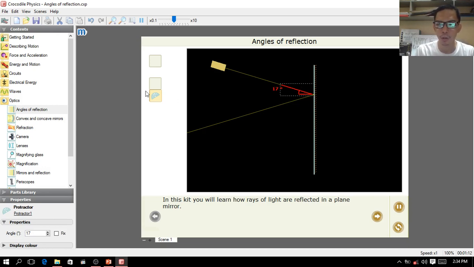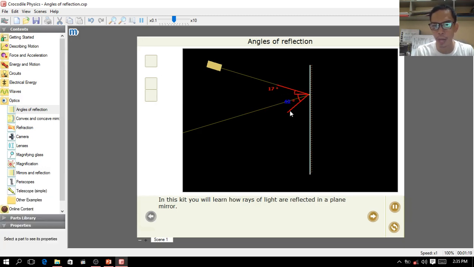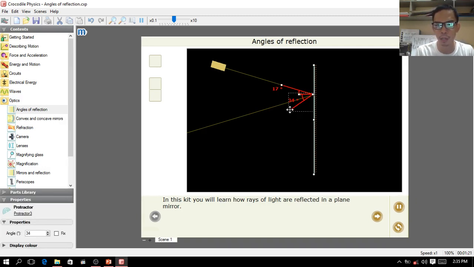Now let's measure the angle of reflection. Again we put this protractor on the vertex of that angle, and pull it down to the point where the light reflects.